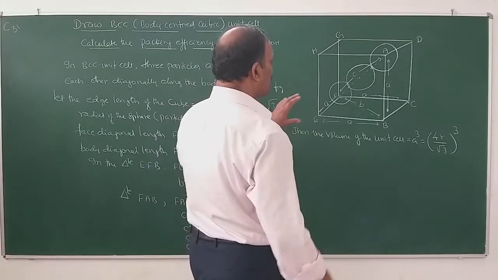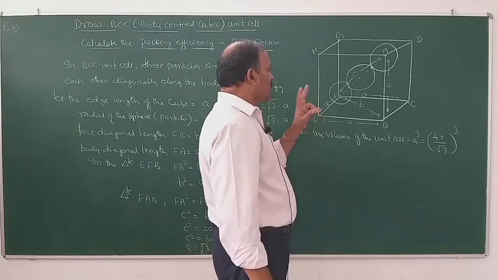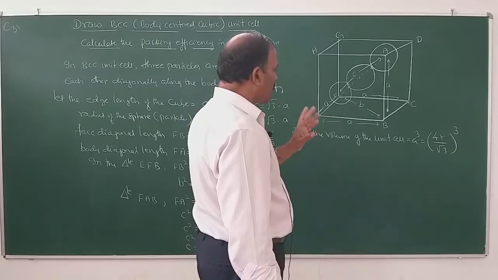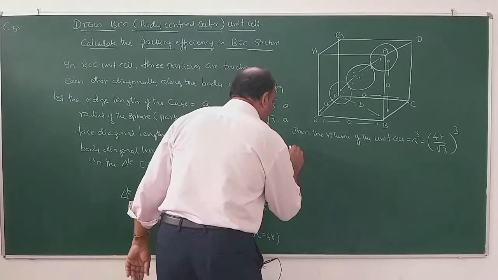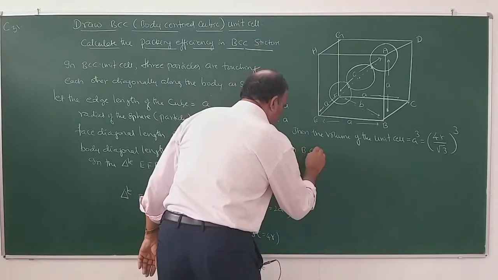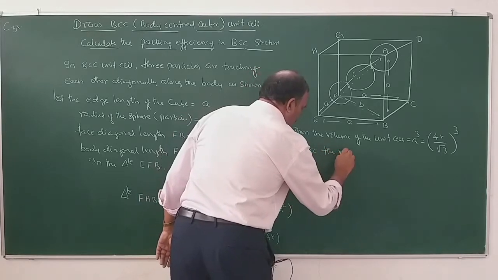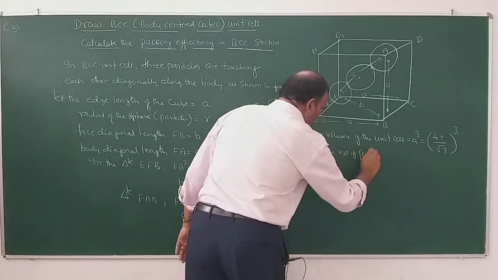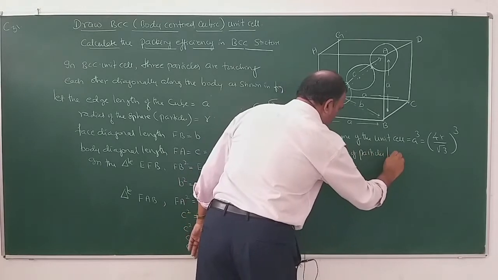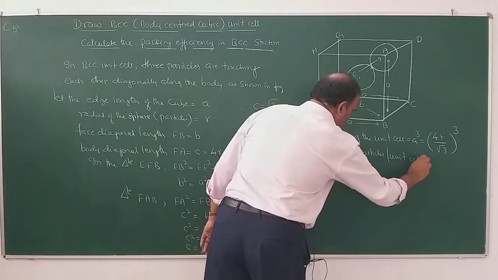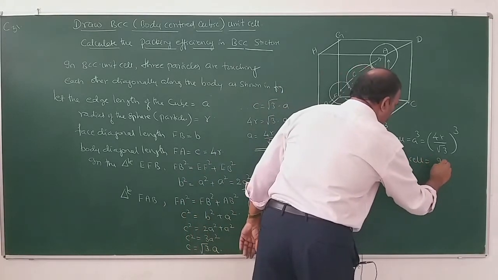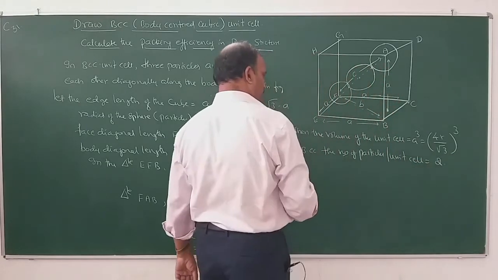How many particles are there in a body centered cube? In body centered cube there are 2 particles per unit cell. So in BCC, the number of particles per unit cell equals 2. We have calculated this one.